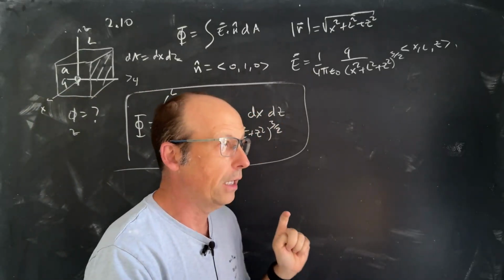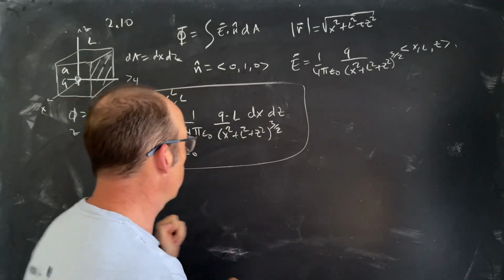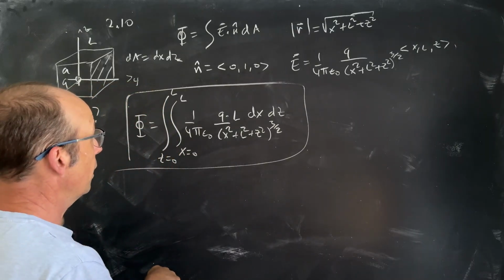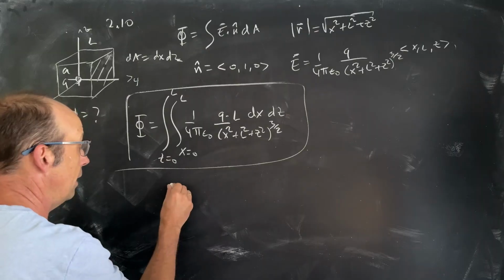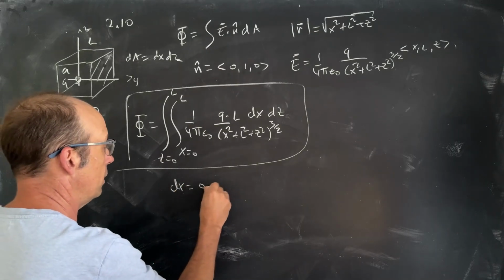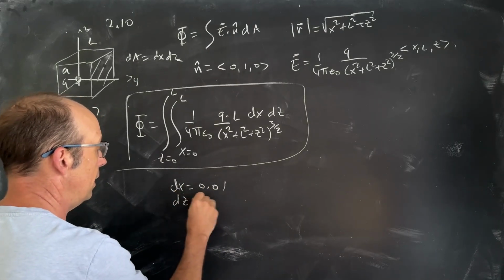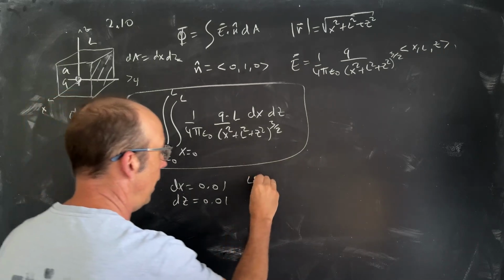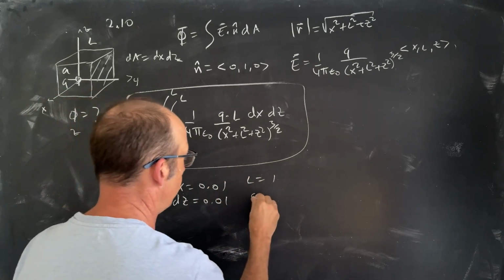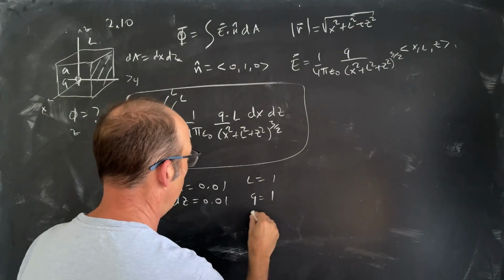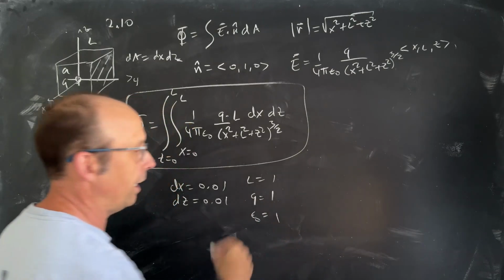Super bad. Okay, so what I'm going to do is to do this numerically, because I thought that'd be fun. So numerically, what I'm going to do is just vary my values. I'm going to say dx is 0.01, dz is 0.01, L is 1, and then I need to pick values for this other stuff. Let's say Q is 1, and then let's say epsilon naught is 1. Just for now, just to make it easier.